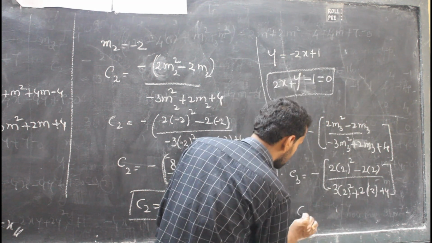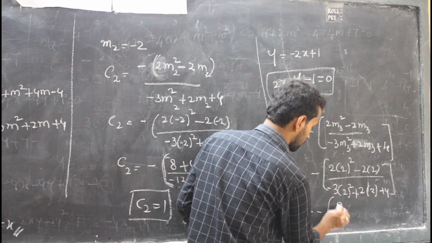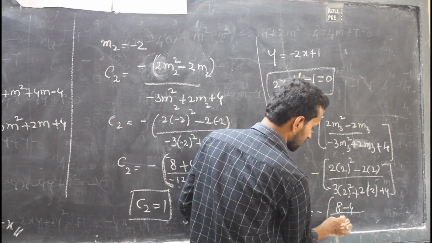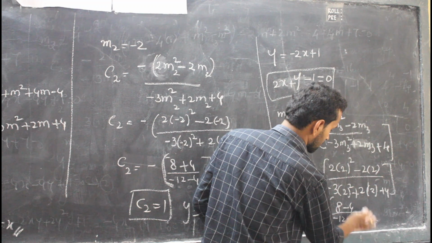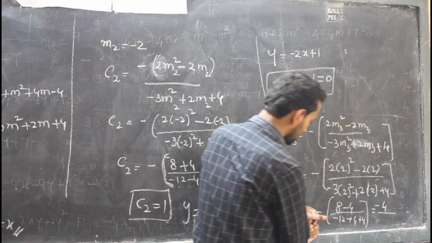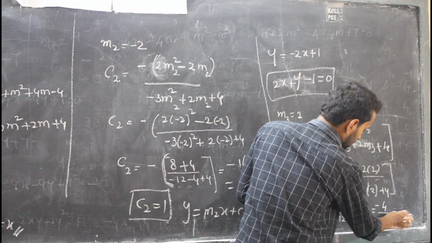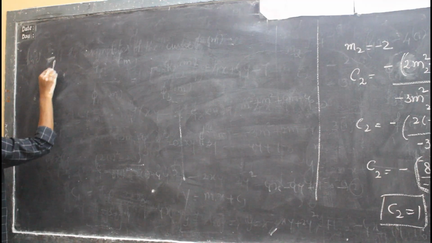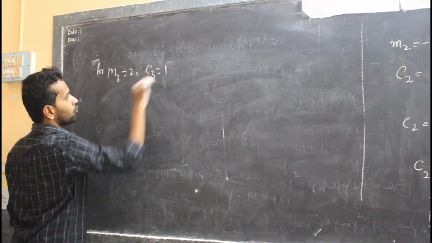So this becomes minus of 8 minus 4 divided by minus 12 plus 4 plus 4, that is 4 divided by minus 4. The solution is 1. My c3 value is 1. For m3 equal to 2, I got c3 equal to 1.